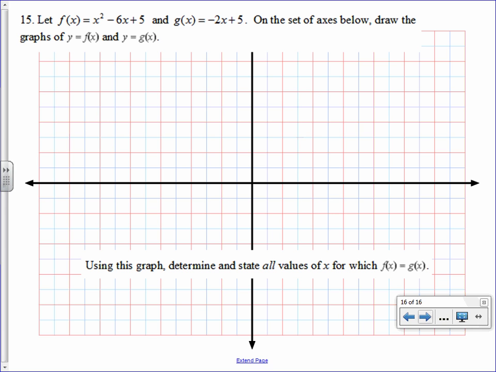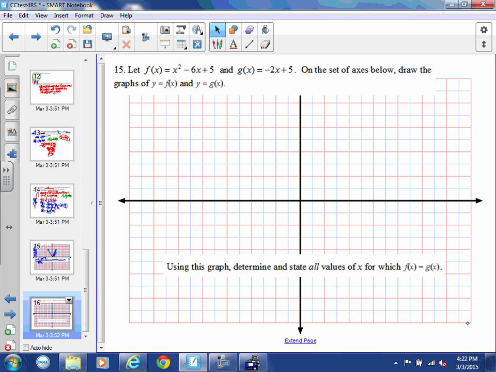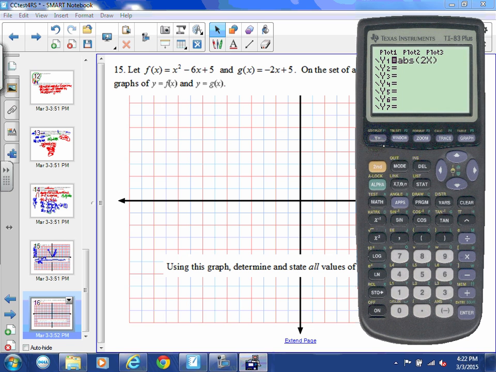And the last question, f of x equals, all right, we're going back to my calculator. Y equals, get rid of that. I have f of x is x squared minus 6x plus 5. And I have -2x plus 5. So I go to my table, I look for my mirror image. There we go. I'm going to write that down.